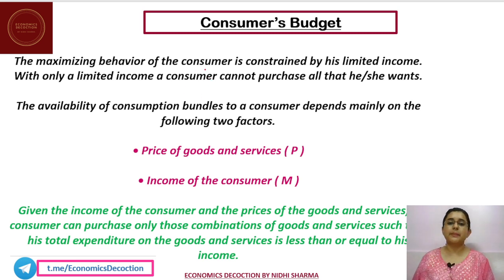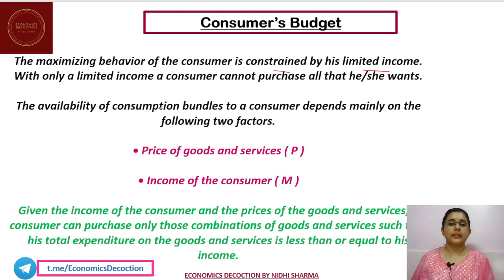The maximizing behavior of the consumer is constrained by his limited income. So the first thing that we need to understand is that the consumer has limited income. With only a limited income, a consumer cannot purchase all that he or she wants, because the consumer's income is limited.